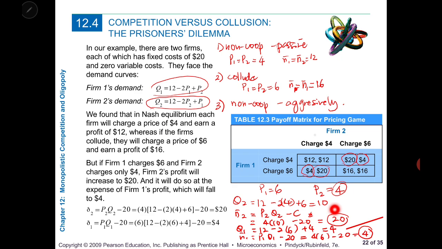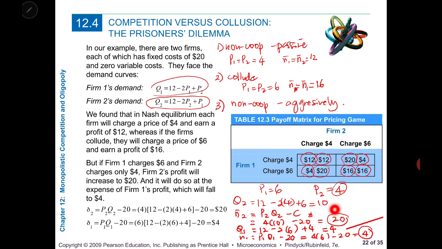If they both charge $4, that means they are not cooperating, but they are very passive in their pricing strategy. Both firms will earn $12 and $12. If they collude, both firms earn 16 and 16. Okay?